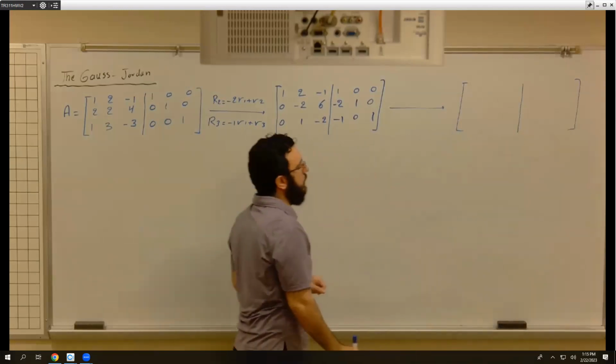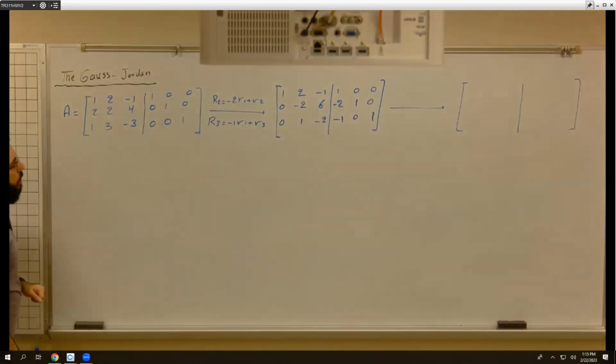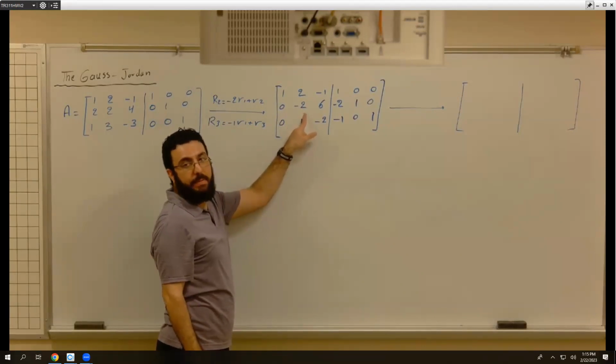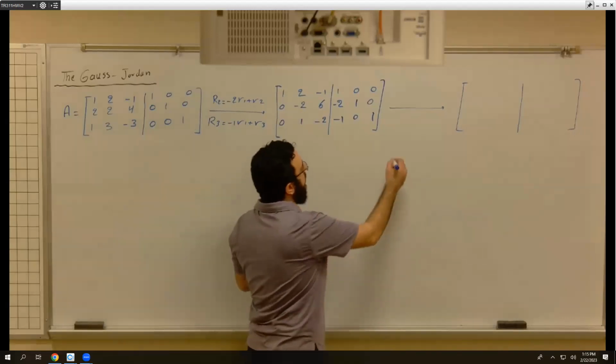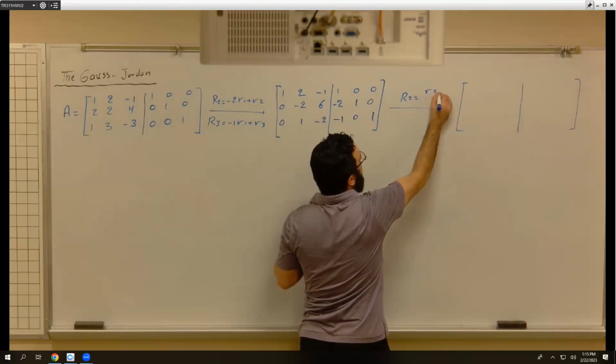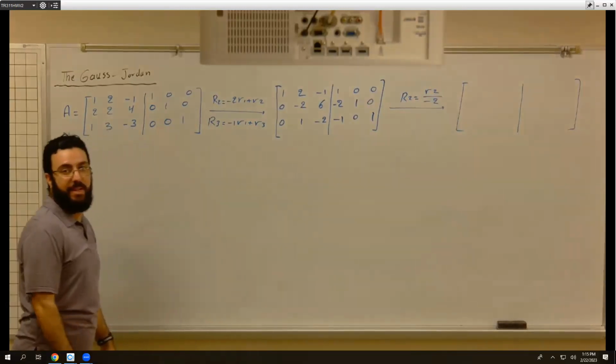Now let's check. What's the next number I have to work on? The zeros, this is what? -2. I have to convert -2 to what? To 1. So what I'm going to do, I'm going to say R2 is going to be the old one, divided by -2.